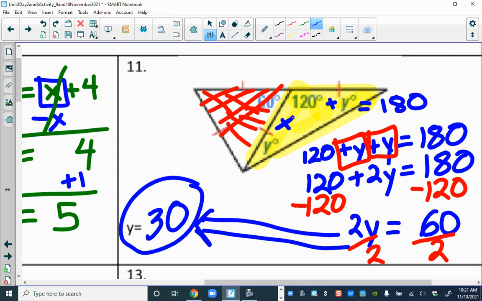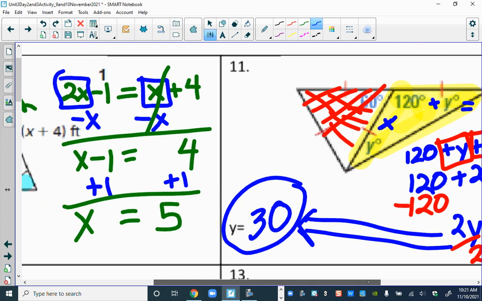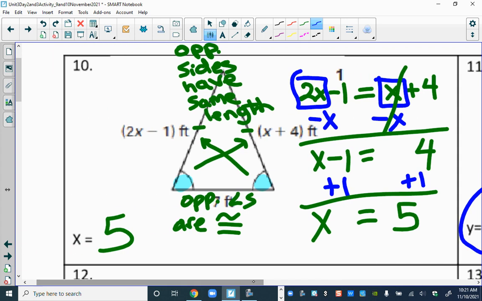Now, I'm going to make sure on a test you should be getting whole number answers, but I know down the road we're going to be seeing fraction decimals, so I don't want you to rule them out. All right, so we look at number 12.